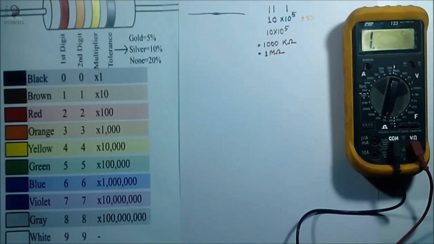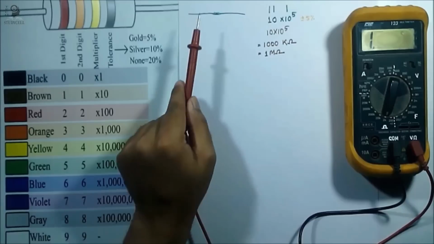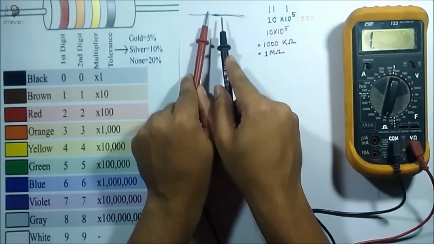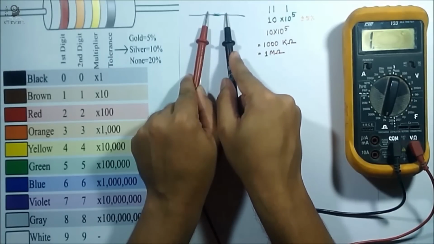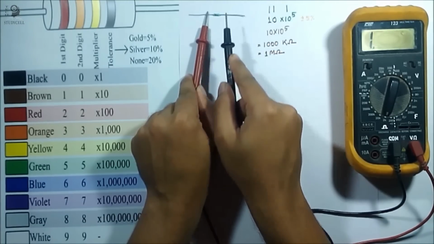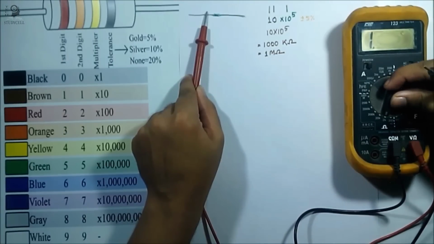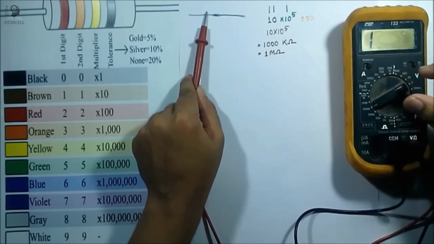Now to measure the resistance, the red lead should be connected to one side of the component, and the black lead should be connected to the other side of the component. As I am seeing, the nominal value is 1 mega ohm, so I have to select the 2 mega ohm range.